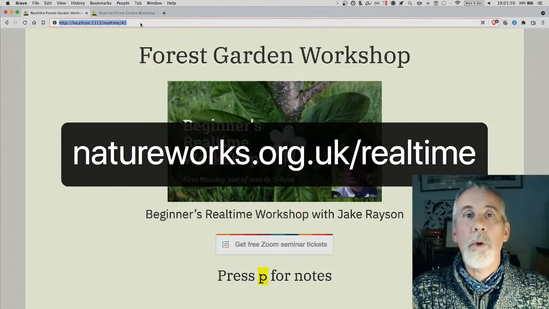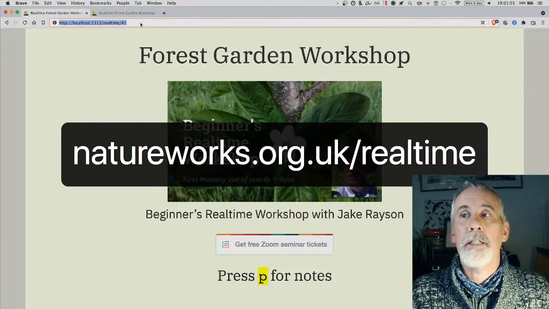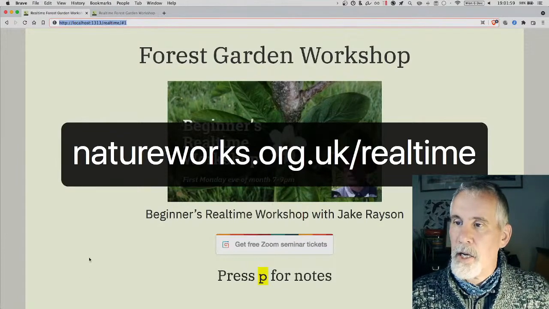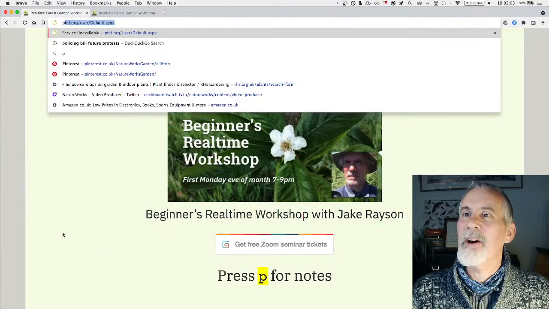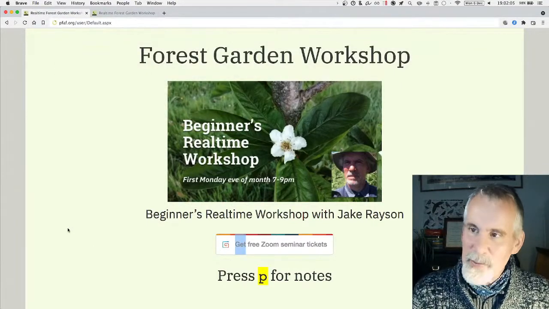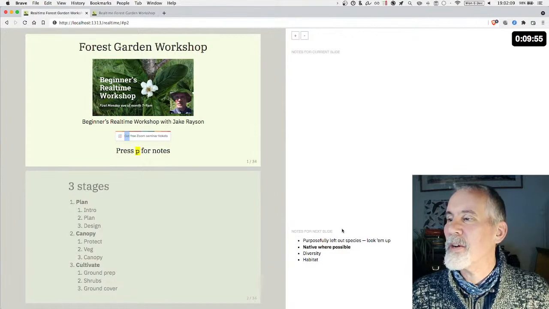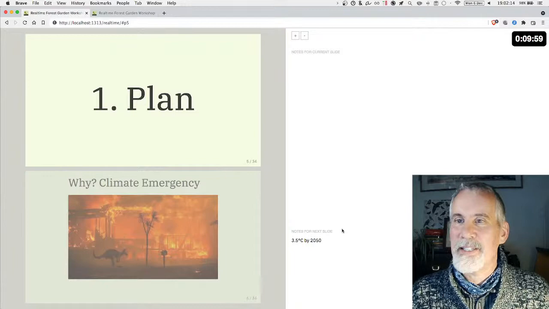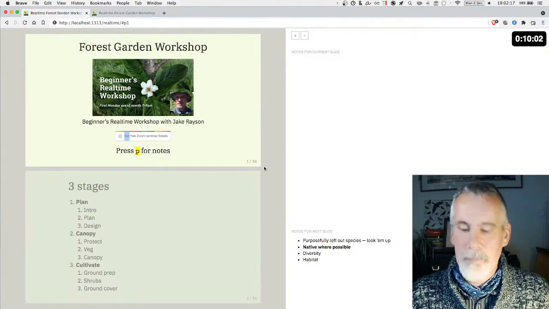If there's something that you missed out on or you haven't got the reference for, it will probably be in there somewhere. There's a load of notes. If you press the P key on your keyboard, it shows you the notes on the right hand side. Any extra links will be in there.